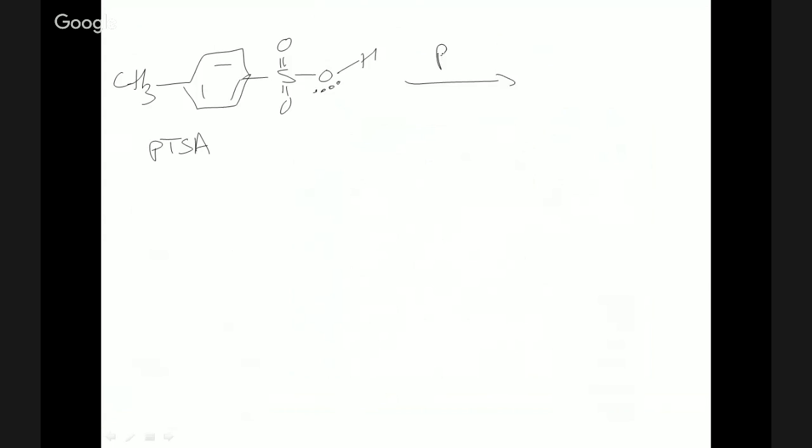We're going to treat it with some generic base. What happens? This base deprotonates just like a carboxylic acid, but now we have 3 resonance forms that we can show. We can abbreviate the aryl as such. Just like a carboxylic acid, we can show this resonance.